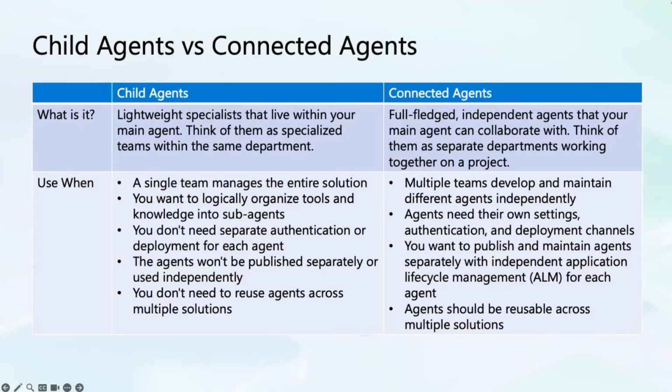With connected agents, you might go that route when your agents need their own settings, authentication, and deployment channels. Maybe you want to publish and maintain them separately and independently, with your own ALM, and have them be reusable across multiple solutions. That's the key difference between the 2.